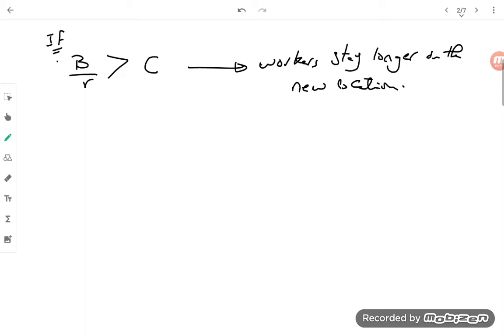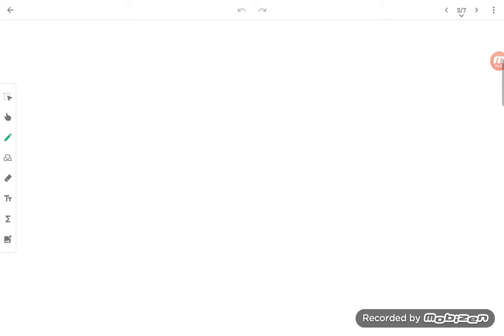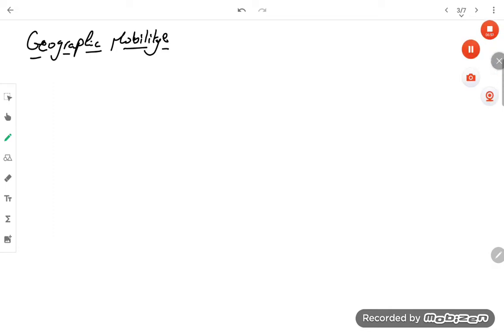As we said, we are going to focus on geographic mobility or migration. Mobility of workers among and within regions in a country and across countries is motivated by economic factors.